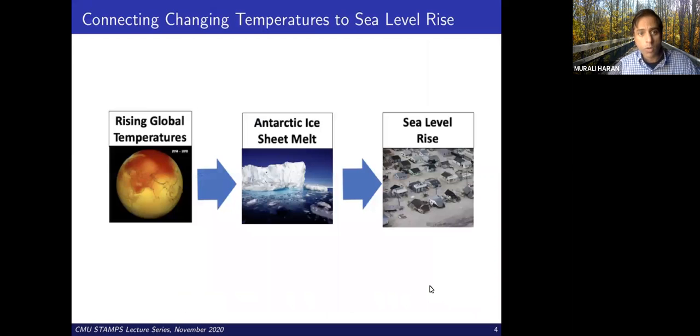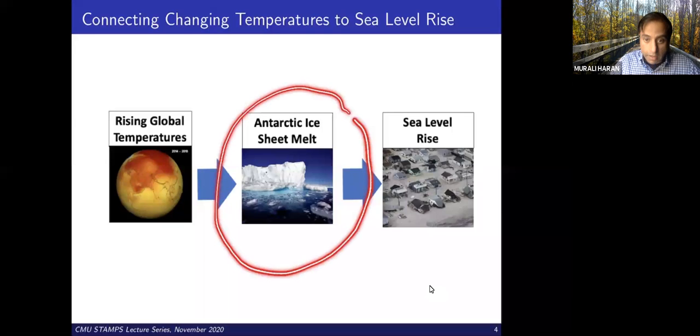So if you want to start with thinking about where this starts, if you're thinking about rising global temperatures, that impacts ice sheet melt, and that in turn can lead to sea level rise. And what I'm going to be focusing on in the talk today is entirely this piece.